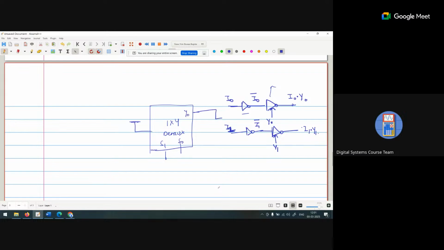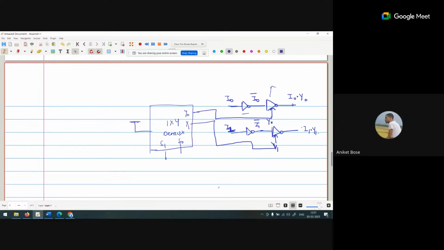Now we use this Y0 in the tri-state, and we use this Y1 at this point. That's why we use the tri-state.